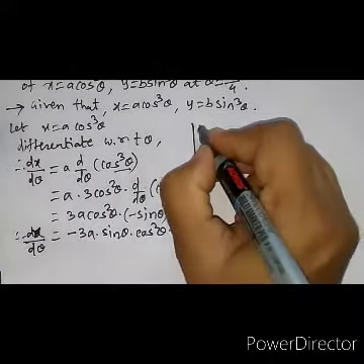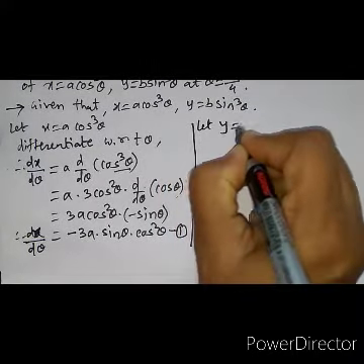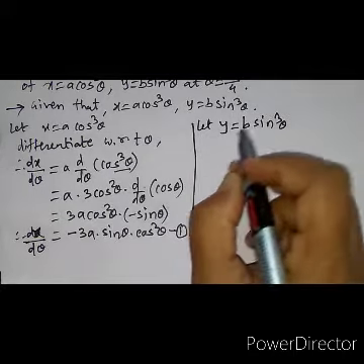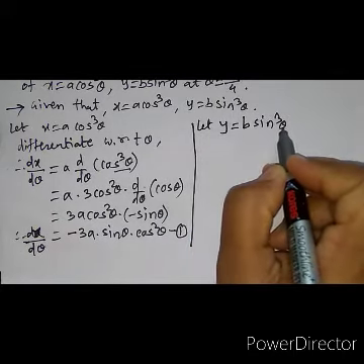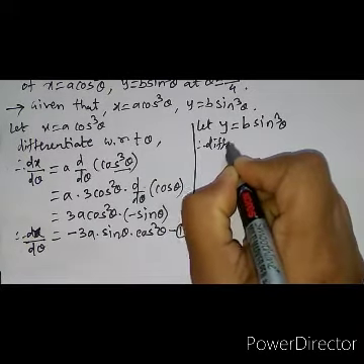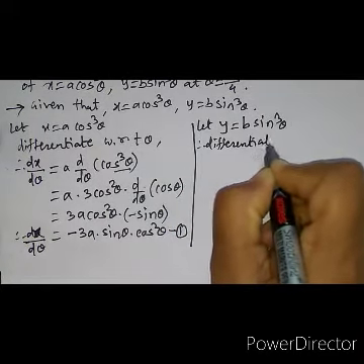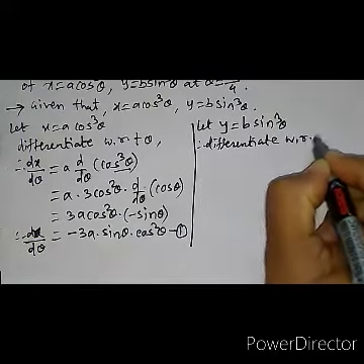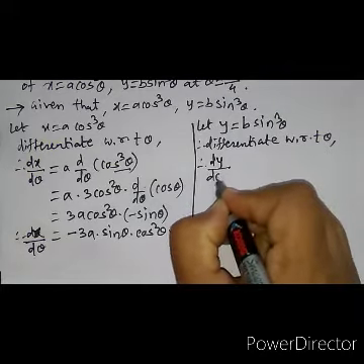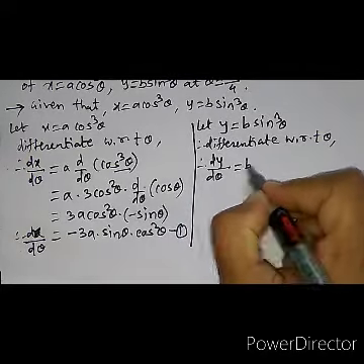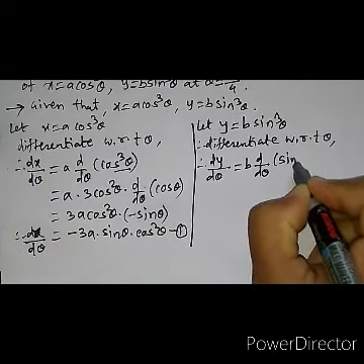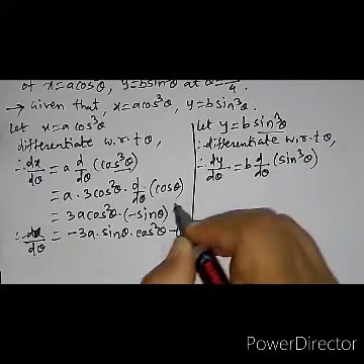Now we have to consider y is equal to b sin cube theta. y is a differentiable function of theta. Therefore differentiate y with respect to theta. Therefore dy by d theta is equal to b is constant, d by d theta of sin cube theta.